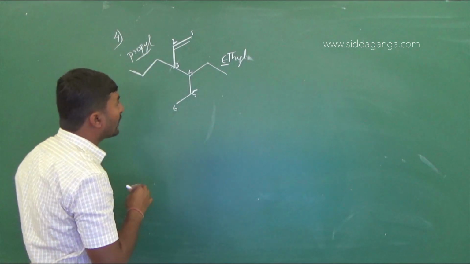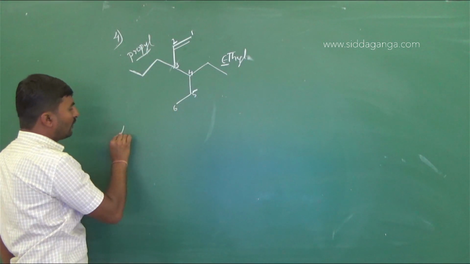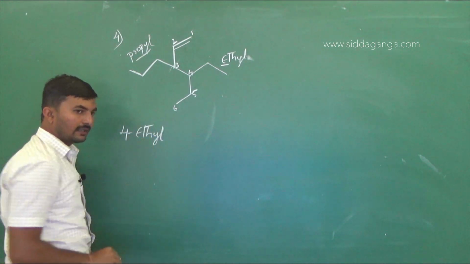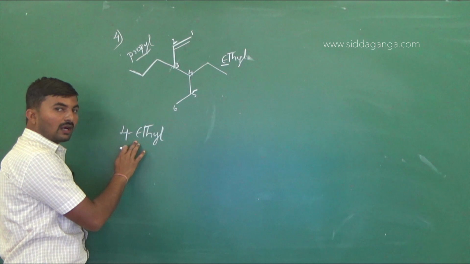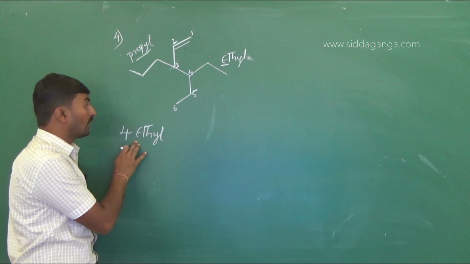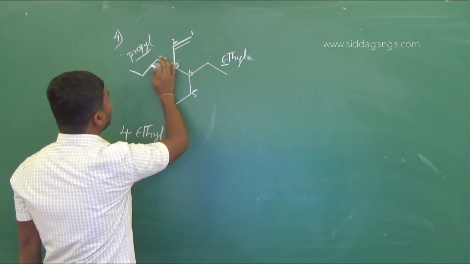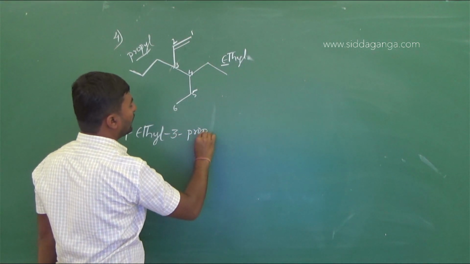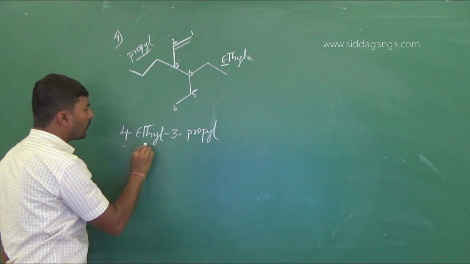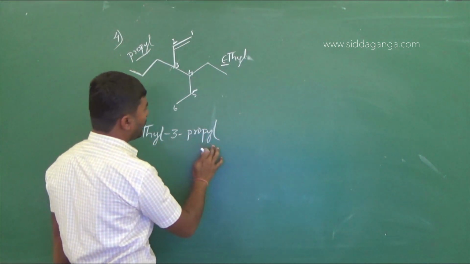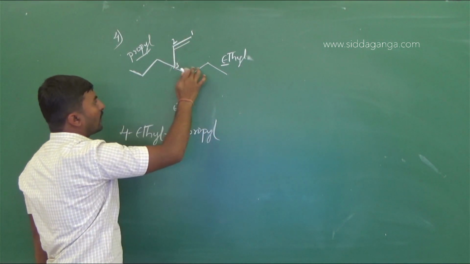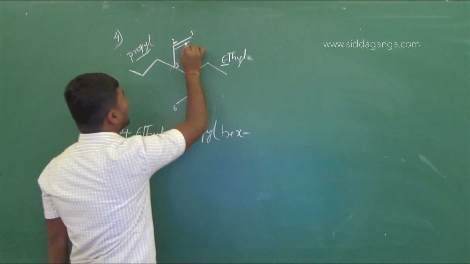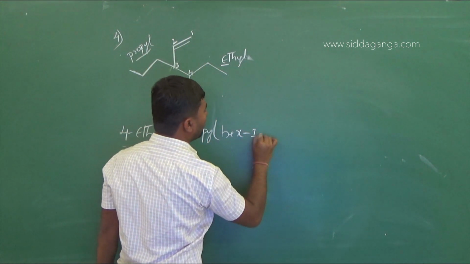So the actual nomenclature of this molecule is 4-ethyl, according to the alphabetical order, followed by the third position, which will get attached with the propyl. That means 4-ethyl, 3-propyl, and the number of carbon atoms in the parent chain is 6, hex, and the first carbon only is attached with a double bond.